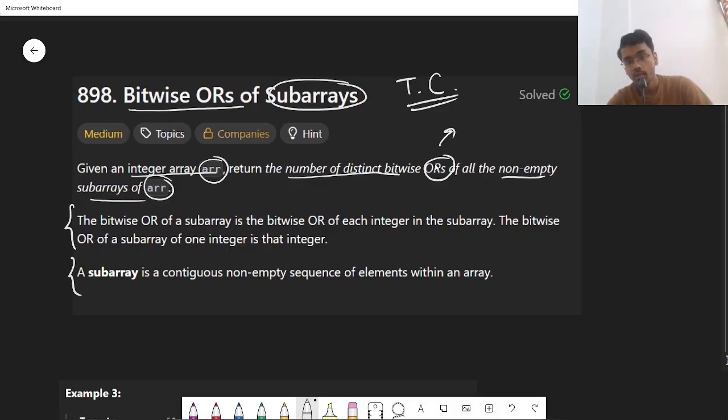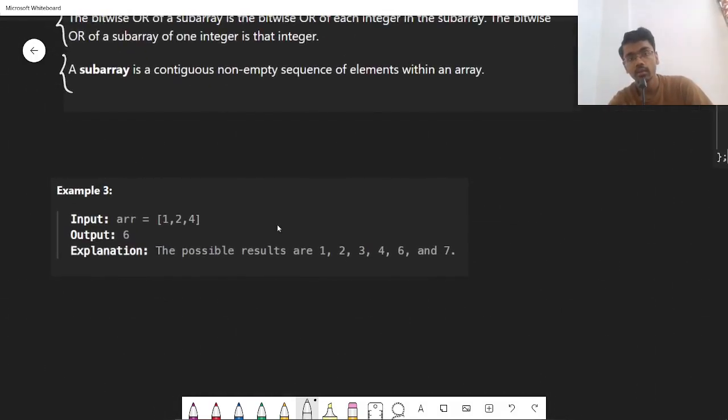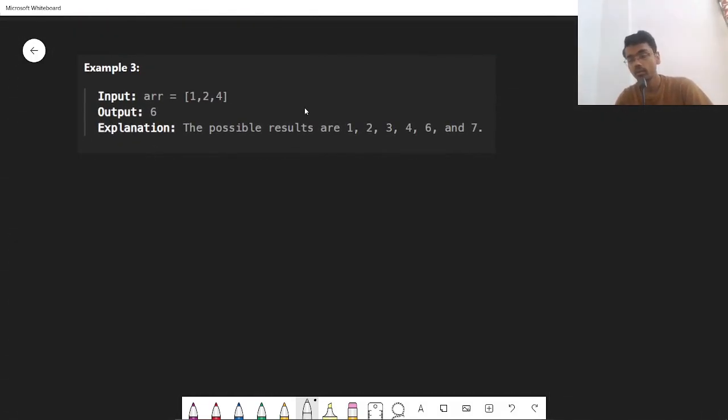So first of all, let us find the solution, then we will understand the time complexity as well. Let us take this third example and try to understand how will we solve this problem. This is the given array ARR. The first thought, by taking all the subarrays and taking bitwise OR, would be a naive approach, and it would be big O of n cube.